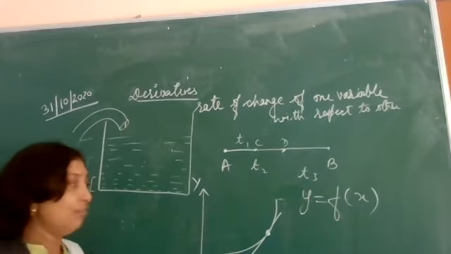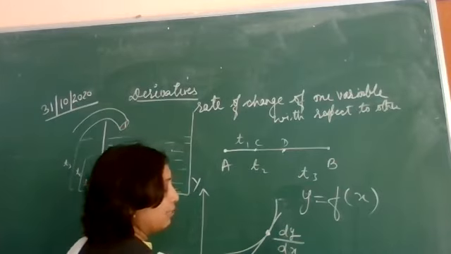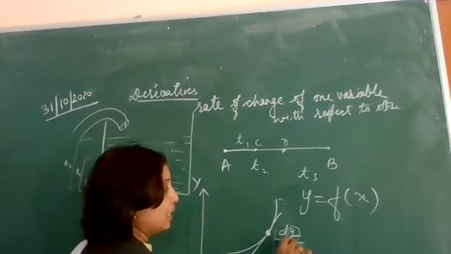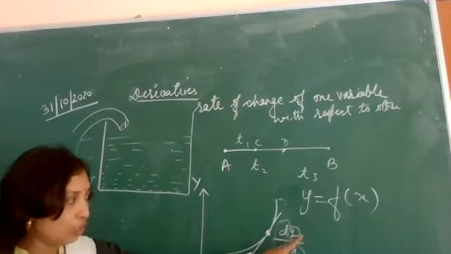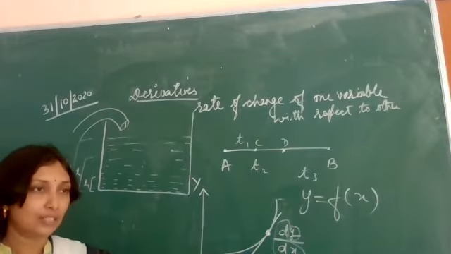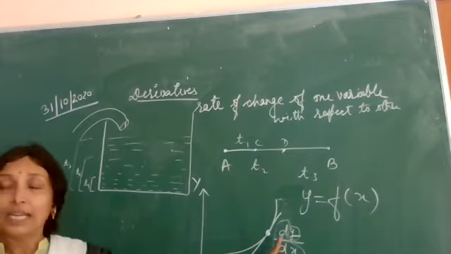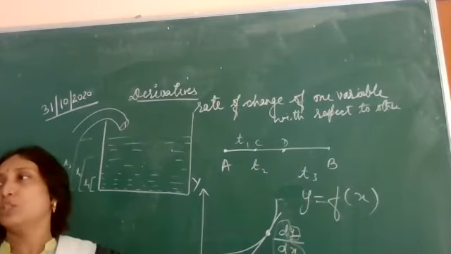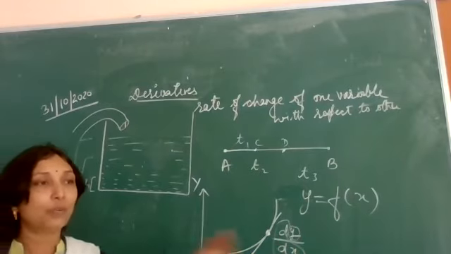So when we are finding out the derivative, we are finding it out like this. Derivative, that is change of y with respect to x, and change we give as dy by dx. Okay? Always, whenever we are calculating the derivative, whenever we are calculating the rate of change, it is of the dependent variable with respect to the independent variable.